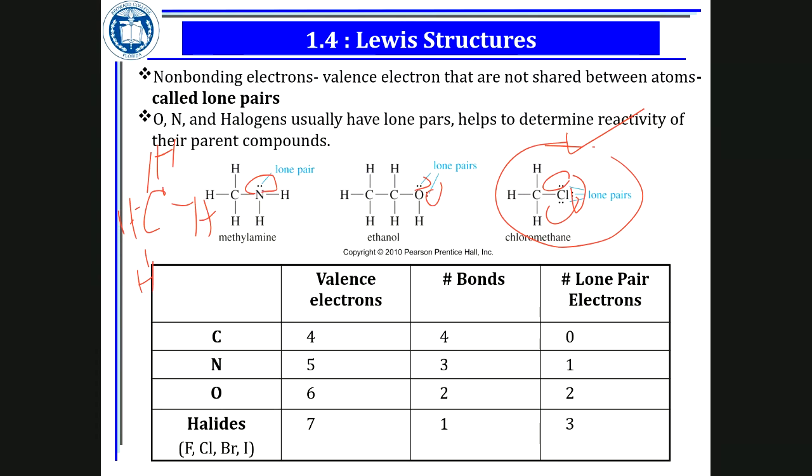Any other element counts as a heteroatom. So normally, the pattern for nitrogen in organic molecule is going to carry 1 lone pair, otherwise it's going to be charged. Oxygen, 2 lone pairs, and halides is going to carry 3 lone pairs, and that makes these compounds more reactive.